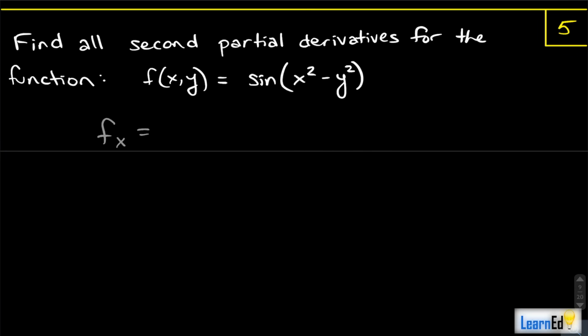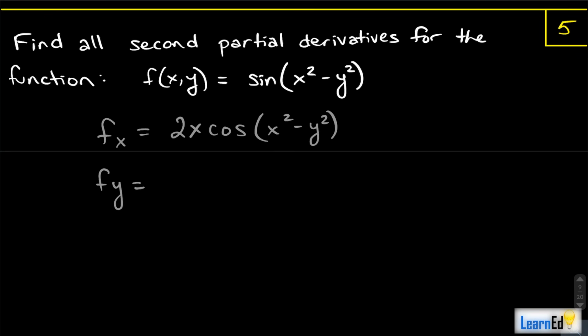We have the partial derivative with respect to x here, where the outside of this is just going to change to cosine of x squared minus y squared. And the derivative of the inside with respect to x, the y squared goes away, we just have a 2x. So I can move that out front, and we have 2x cosine of x squared minus y squared.